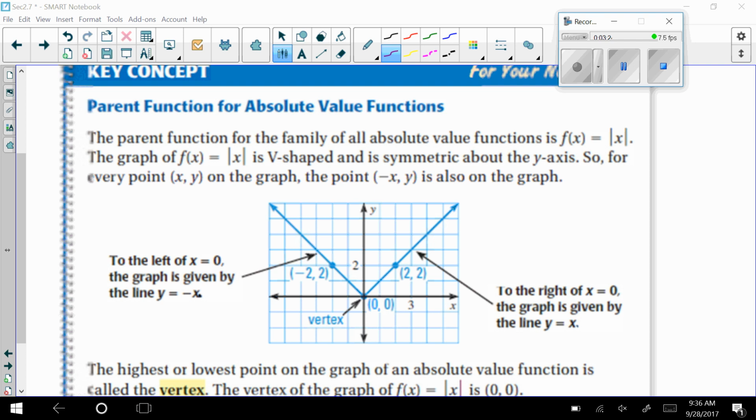But the parent function is f of x equals the absolute value of x. It looks V-shaped, it's symmetric about the y-axis, meaning if x is -2, the absolute value of x is 2. So the y's are always positive.